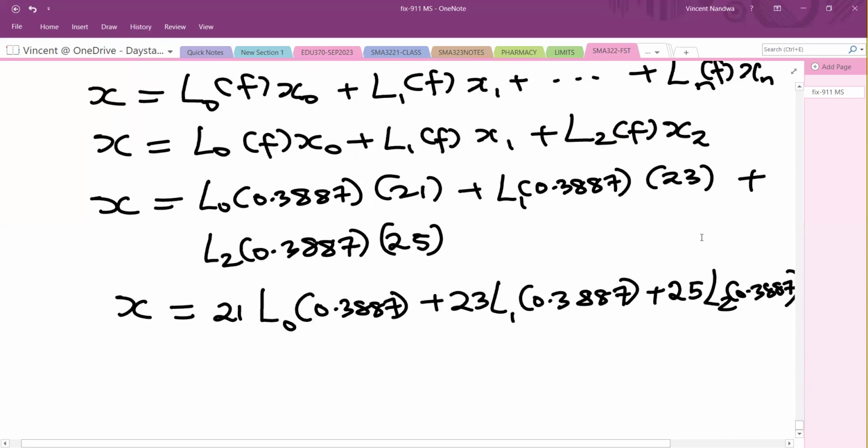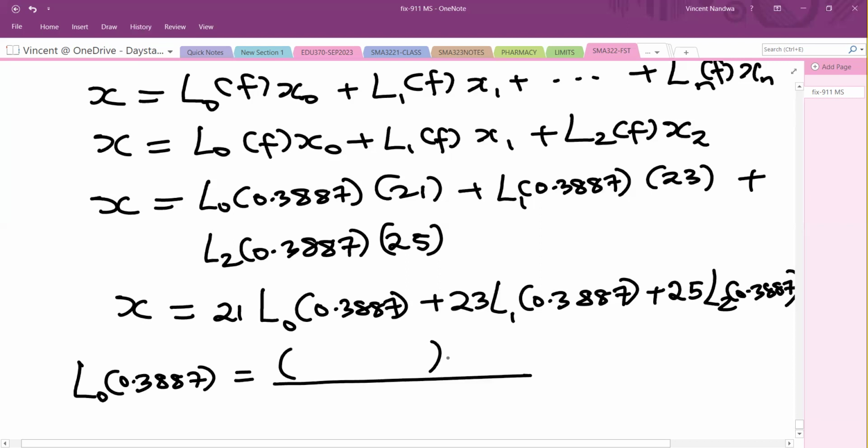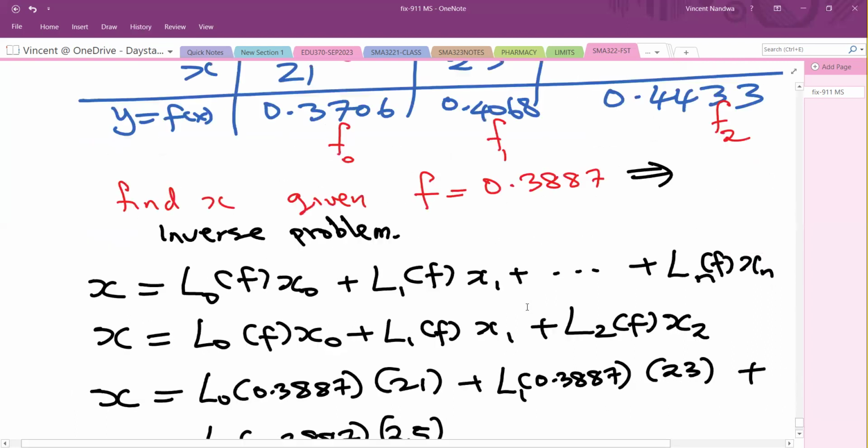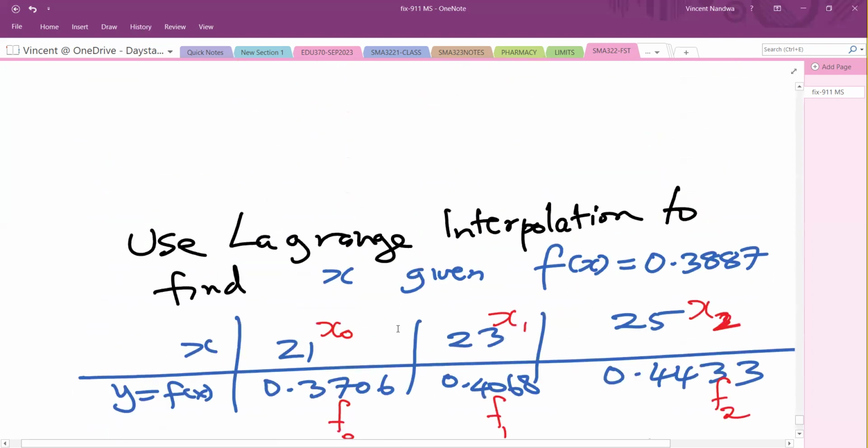So to define L naught of 0.3887, how many brackets will I need, by the way? Numerator and denominator will have how many brackets? From the number of points we have, there will be only 2, because we have 3 points, so the polynomial can be at most degree 2.